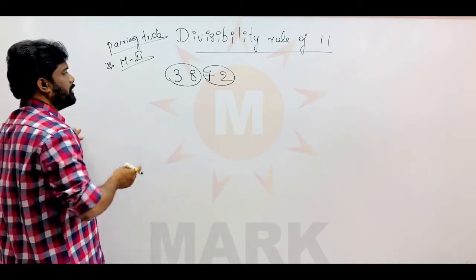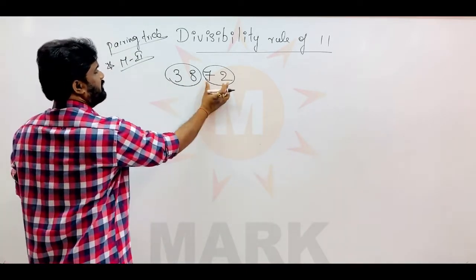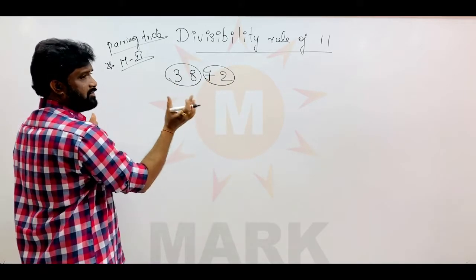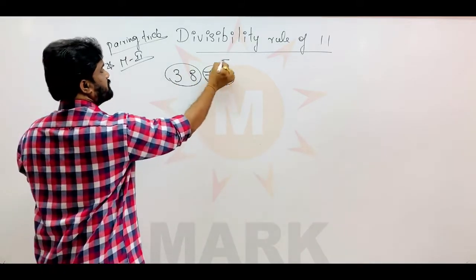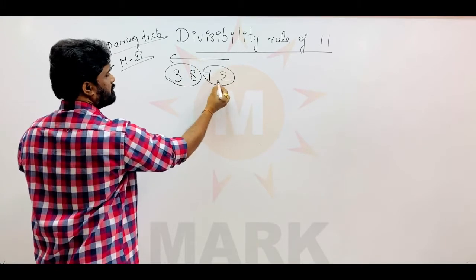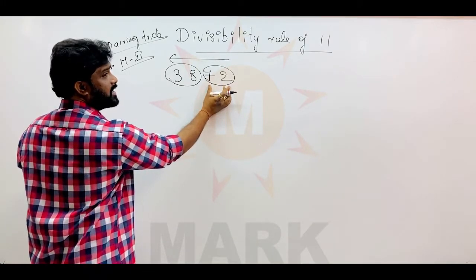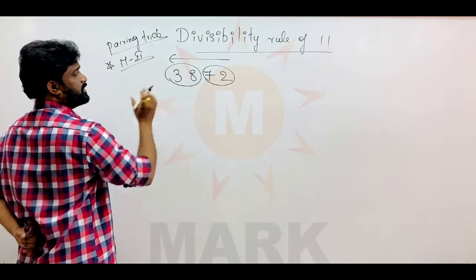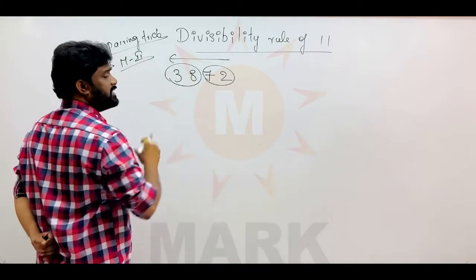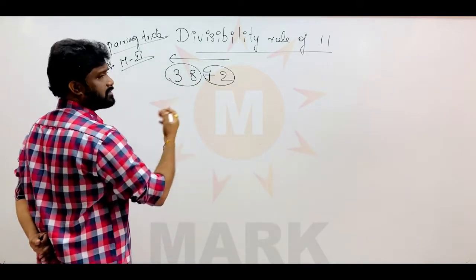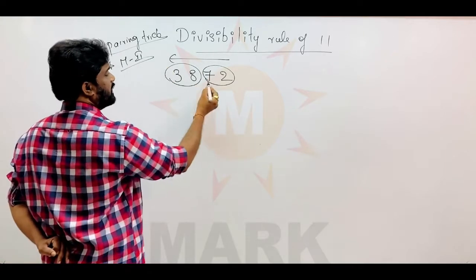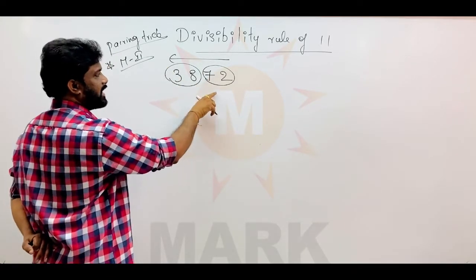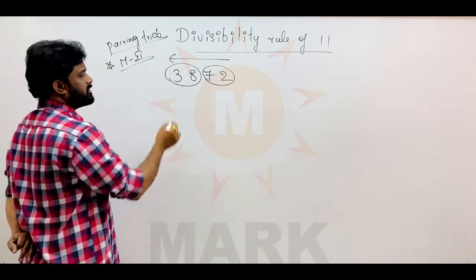Now 72 is a number and 38 is a number. That means I have taken the adjacent pairs starting from the units place. Now pairwise, starting from the units place, divide by 11 and write the positive remainders here.